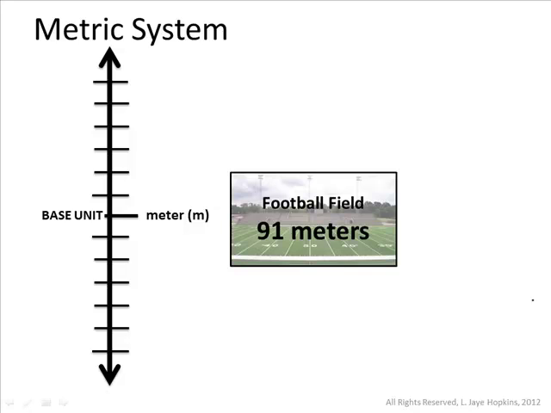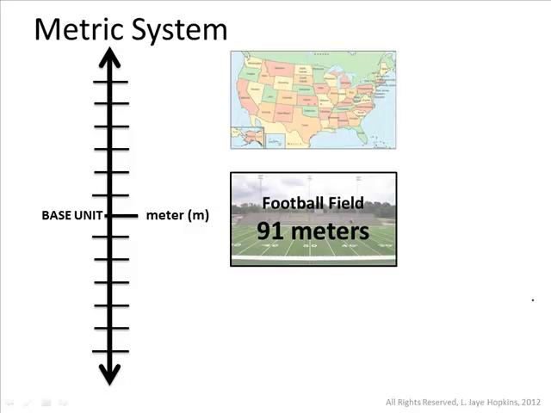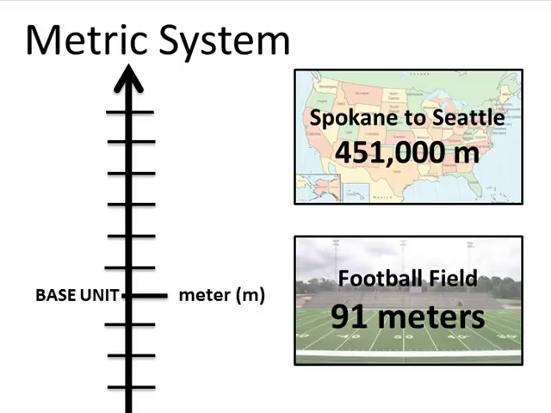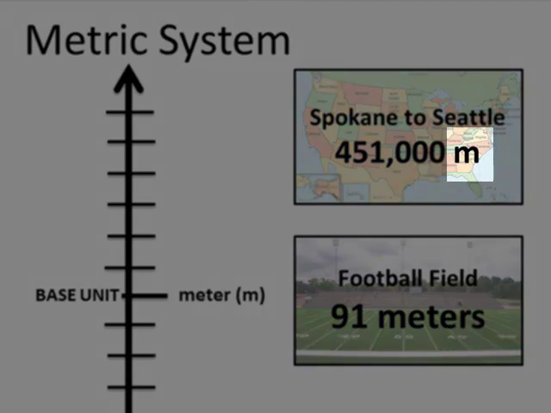If we were to measure something longer, such as the distance of a road trip, we could still measure in meters, but depending on the length of that road trip, we might end up with a number that's large enough to make it less convenient. For example, the distance from Spokane to Seattle is approximately 451,000 meters. Now in this case, I'm using the lowercase m, which is the official abbreviation for the meter.